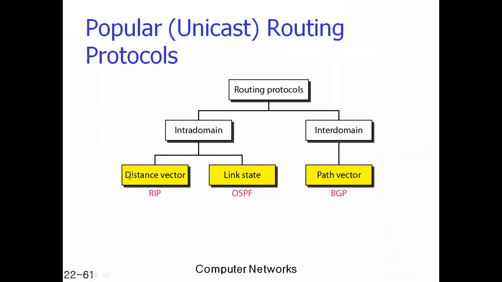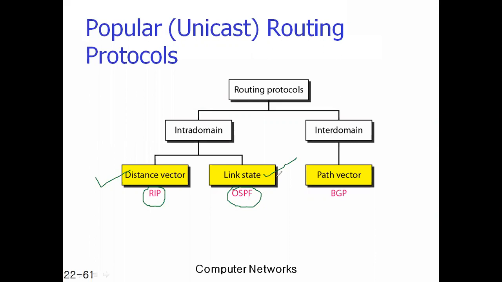The RIP protocol is designed based on distance vector, and OSPF is designed based on link state. The distance vector protocol is a theoretical protocol, and RIP is designed based on it, because RIP works exactly like a distance vector protocol.